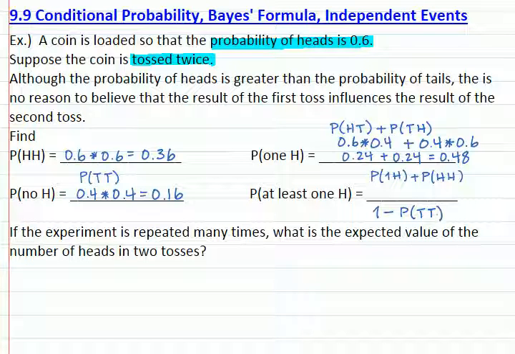They both should come out to the same answer. So it is 0.36 plus 0.48, or it is also 1 minus 0.16. The answer for that should be 0.84.